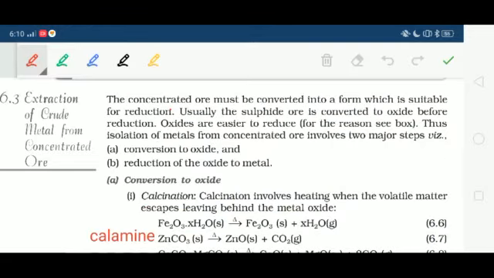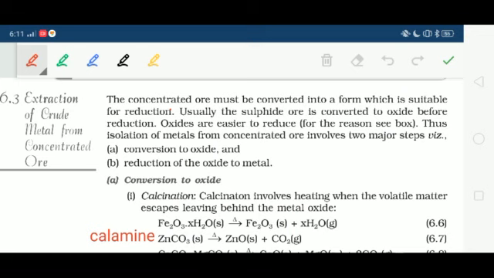After the concentration of ores, the next step involved in metallurgy is extraction of crude metal from the concentrated ore. In this process, the ores are first converted into oxides and then they are reduced. This is because it is easier to reduce an oxide as compared to sulfide ores and carbonate ores.